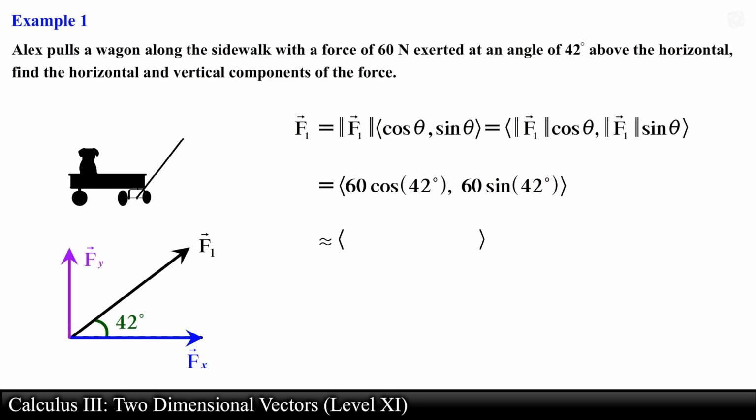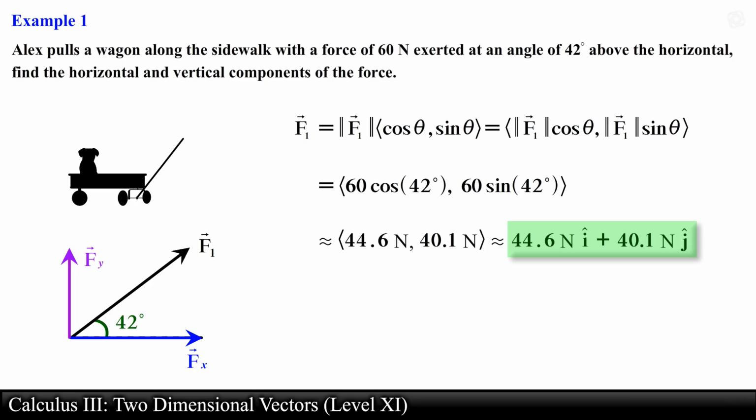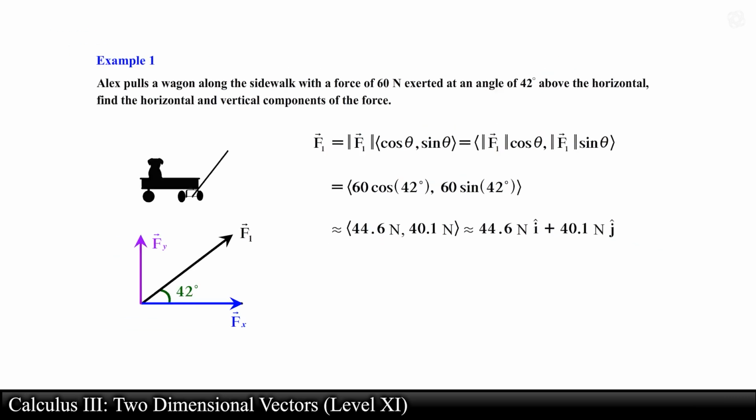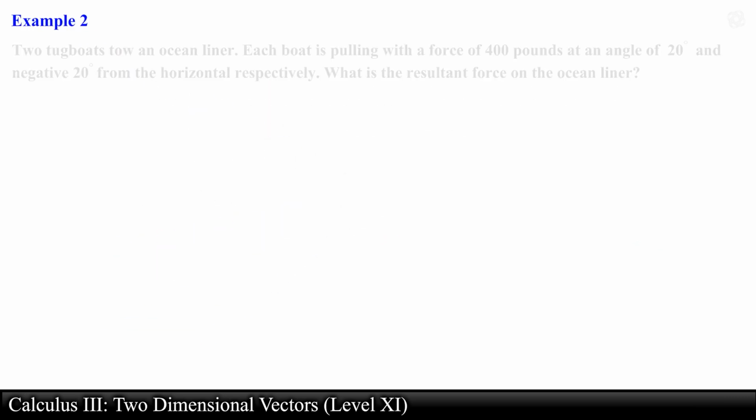Approximating the expressions, we obtain 44.6 newtons for the x component and 40.1 newtons for the y component, which represent the i hat horizontal and j hat vertical components, respectively. For the most part, finding the components of the force is the first step in solving resultant vector problems. Alright, let's try the next example.